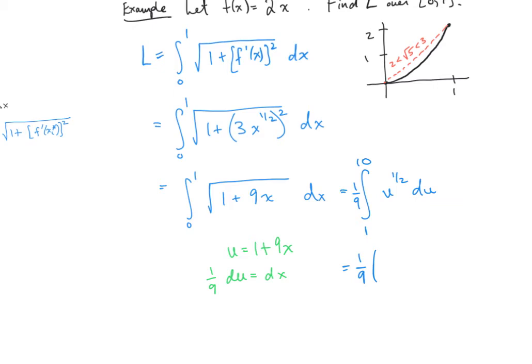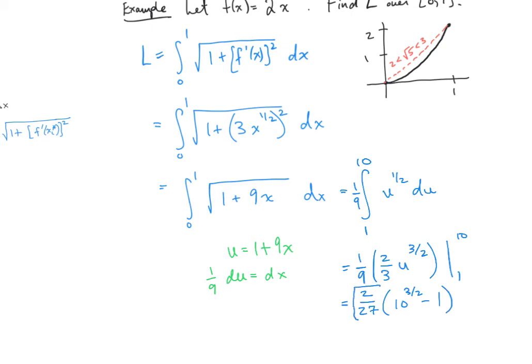So that's 1/9 times u to the, well, let's see, u to the 3/2 divided by 3/2. So we get 2/3 u to the 3/2, evaluated from 1 to 10. And so that looks like it's 2/27 times 10 to the 3/2 minus 1.